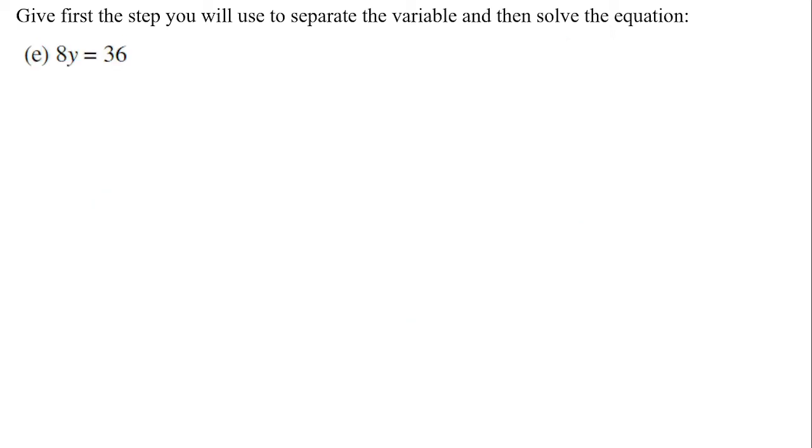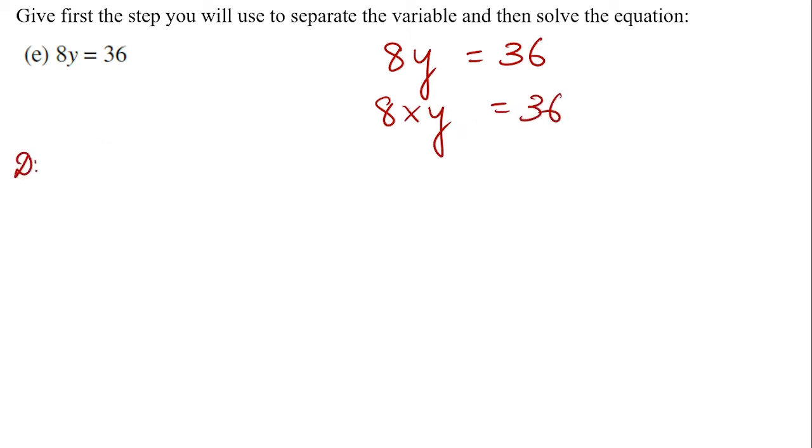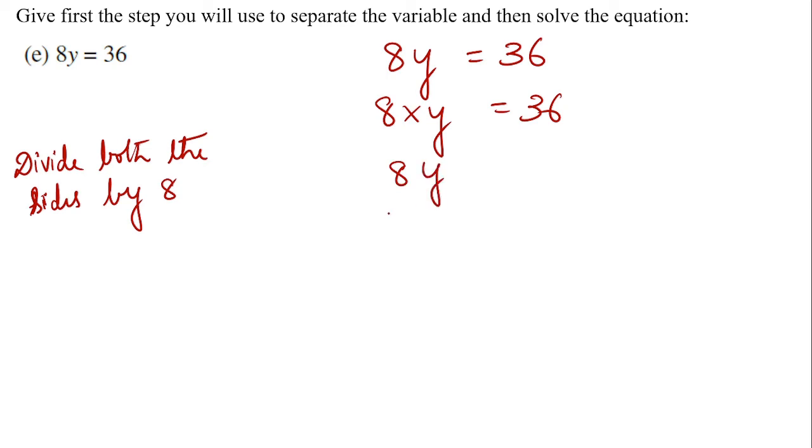Moving to the next problem. 8y is equal to 36. Again 8y is nothing but 8 into y is equal to 36. Multiplication is there. As such, what is the step you will do? Divide both the sides by 8. So 8y divided by 8 is equal to 36 divided by 8. 8 and 8 gets cancelled.